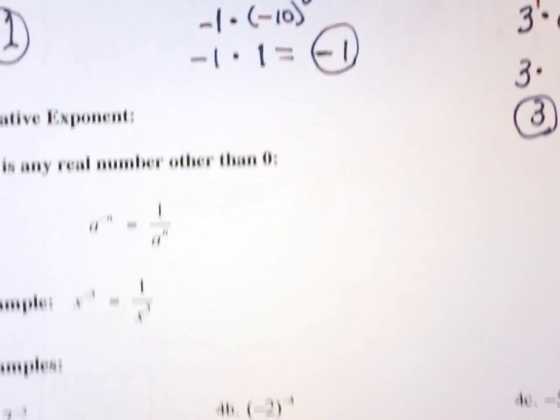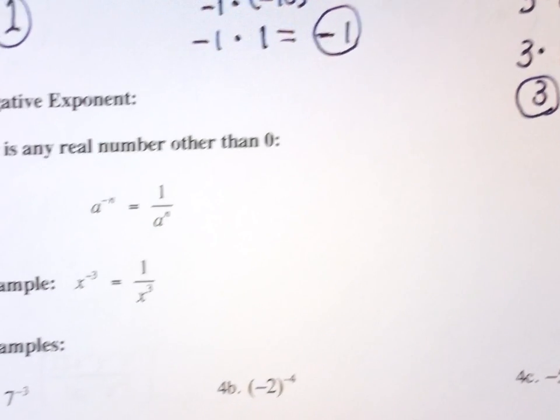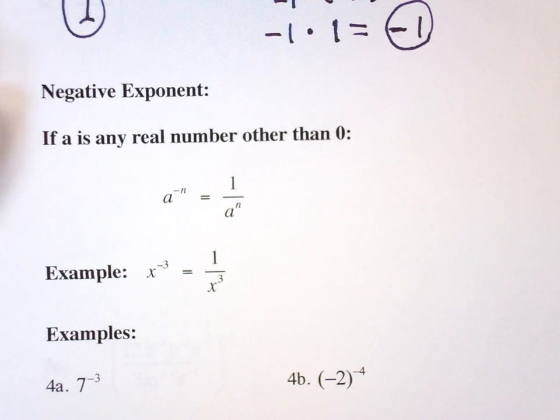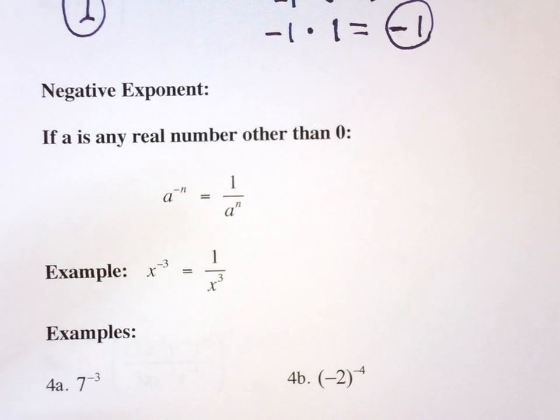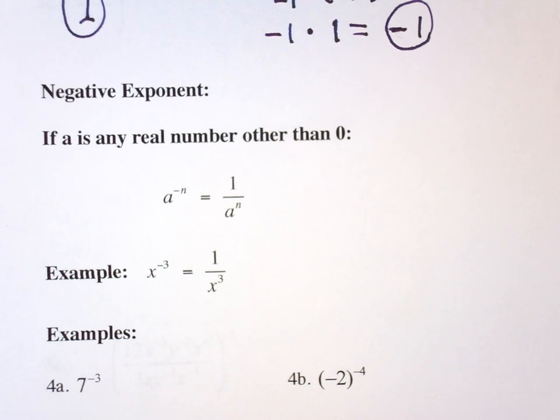This is the most hated property of exponents known to man, or woman, or person. I don't think even dogs or cats or guinea pigs would like this property. It's the negative exponent. Life was wonderful until we had negative numbers, right? Did you ever drop a minus sign when you didn't have negative numbers? No. Why? Because you didn't have them.